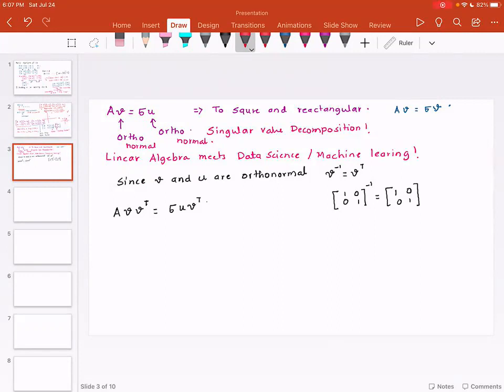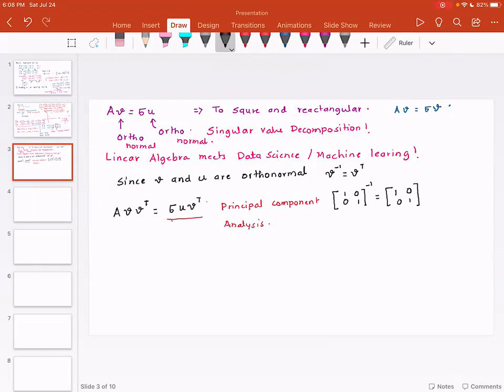And this problem is the crux of something called principal component analysis. So finding the most important subset of a huge data set, basically trying to find what are the principal components of any particular problem.